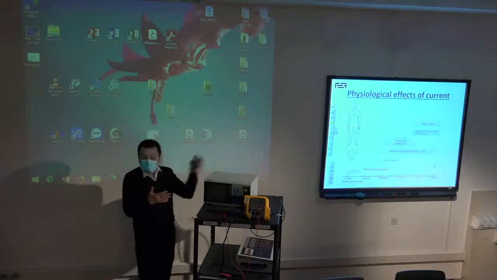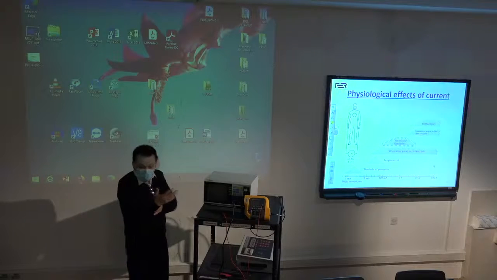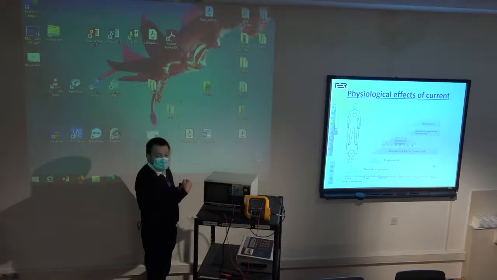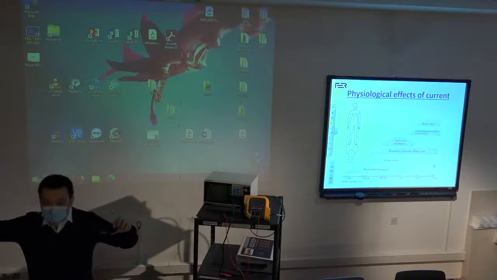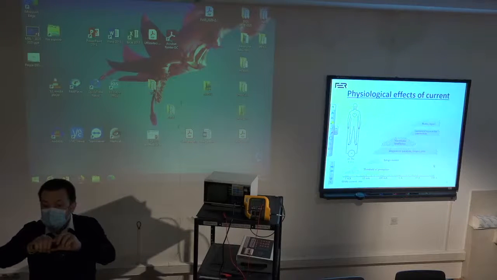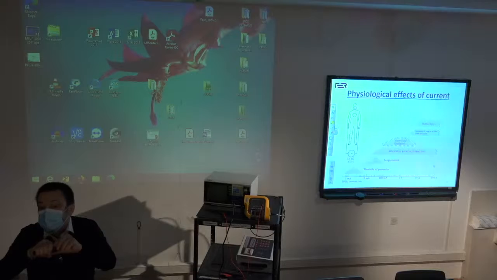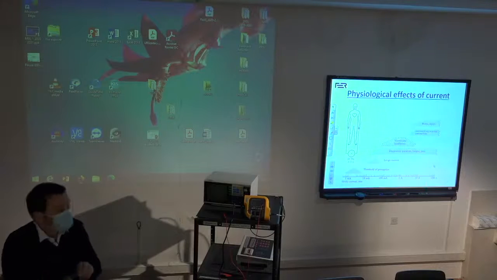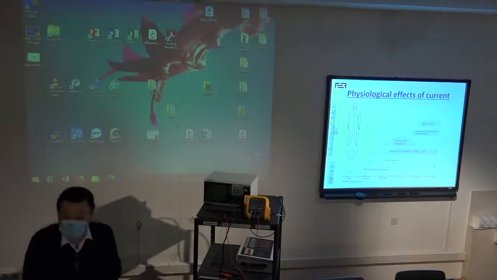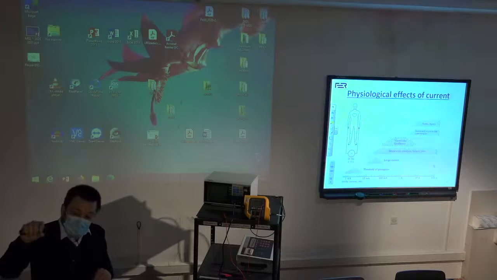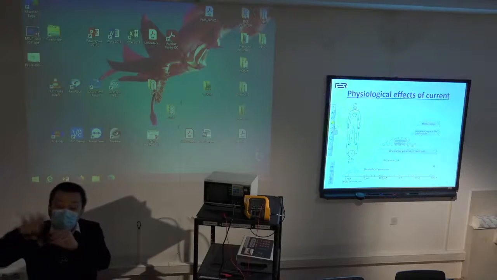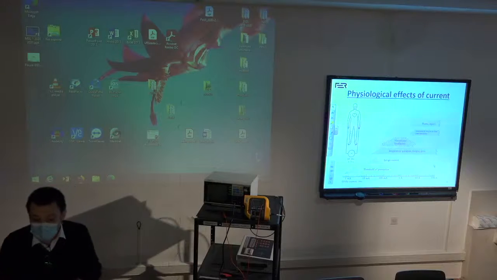Because if you get a larger current through your muscles, then they will contract, and if you touch something like a wire in such a way and it's live, you will not be able to leave it. So you have a let go current. That means this is the current where you are holding something that's live, that's hot, but you can still leave it. You can still remove your hand, okay?